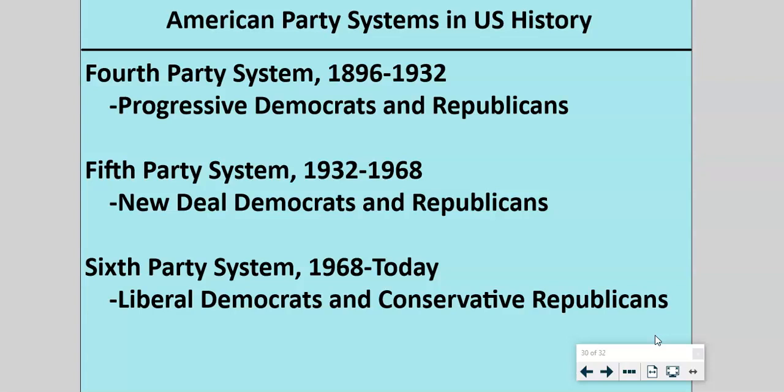And there's all kinds of things that go along then with their platforms, right? And their platforms have changed a lot since 1968 until today, right? But in general, liberal Democrats are more minority focused, regulation focused, big government focused. Conservative Republicans are more preservation of American morals and standards focused.